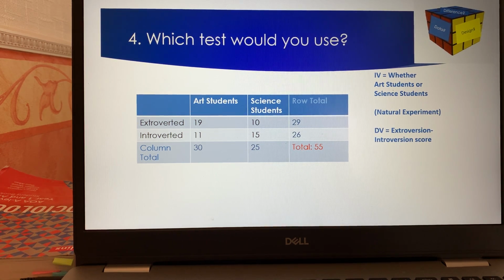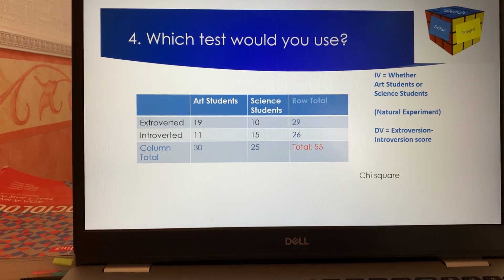Next, extroverted and introverted. Art students, science students. Looking at whether art students or science students are introverted or extroverted, measuring their extroversion-introversion score. That's a chi-square.